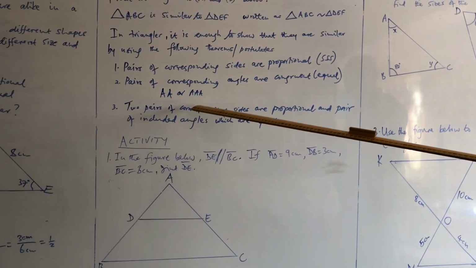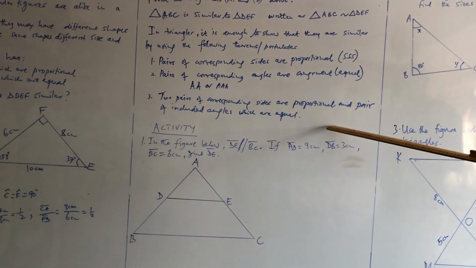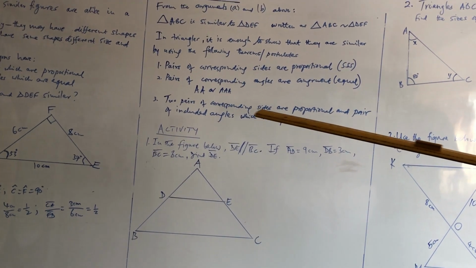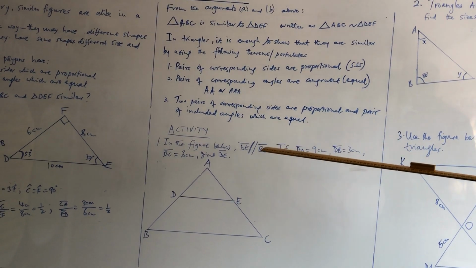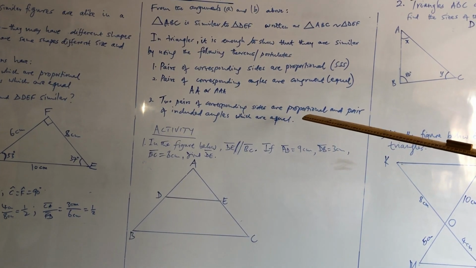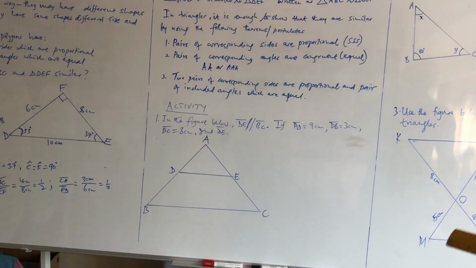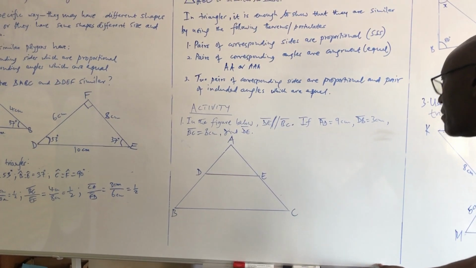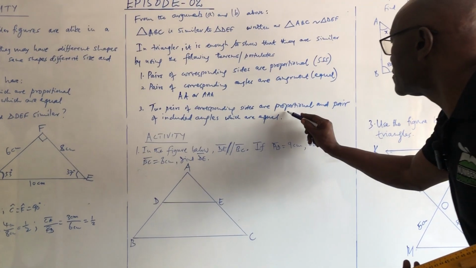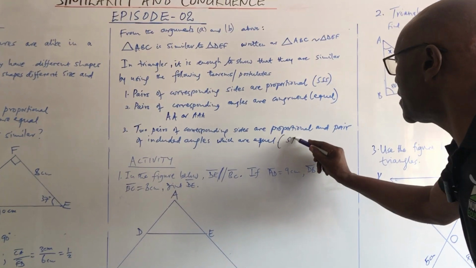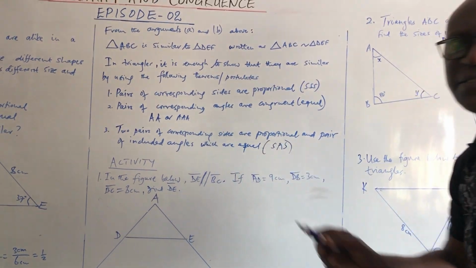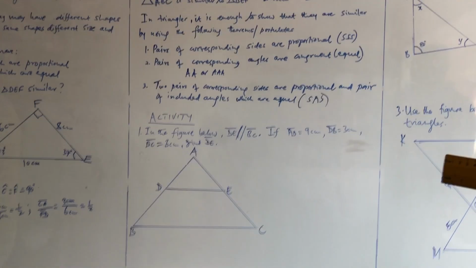Otherwise, two pairs of corresponding sides are proportional and a pair of included angles are equal, which is called the side, angle, side similarity theorem.